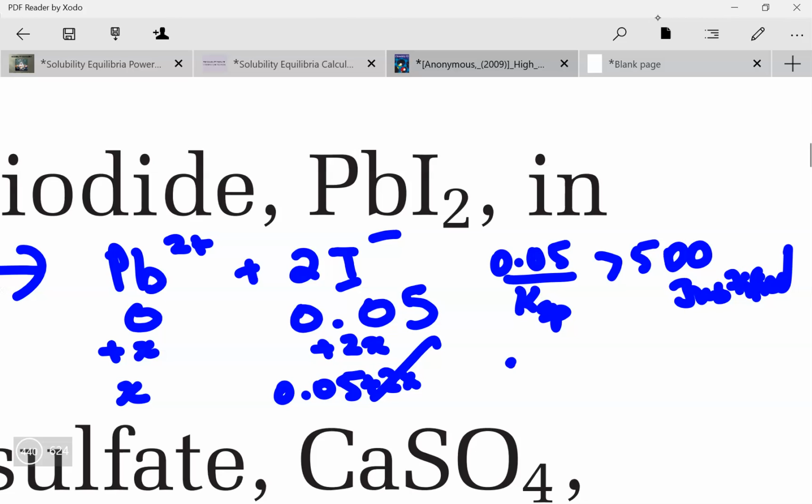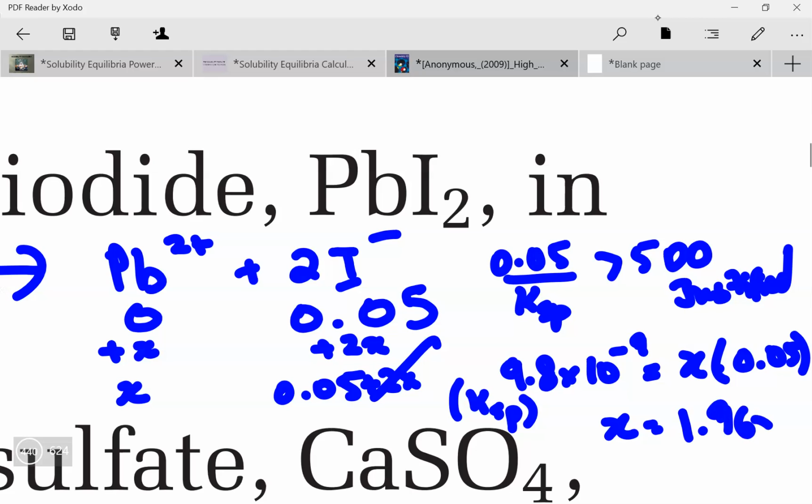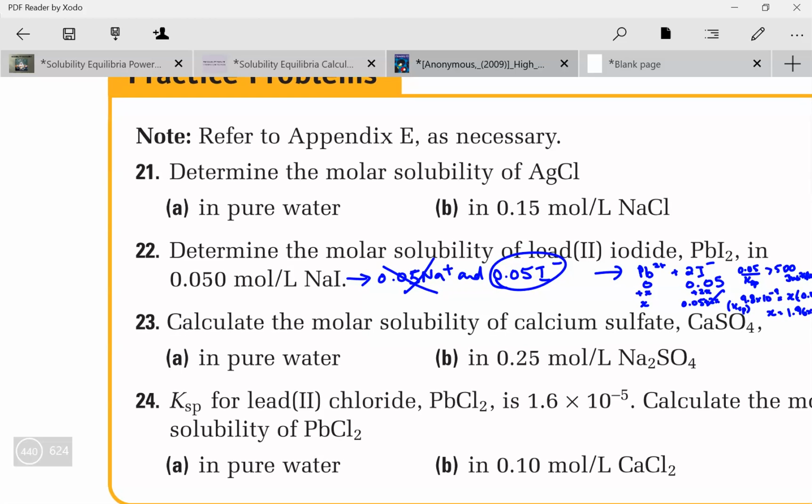So I get 9.8 times 10 to the power of negative 9, which is my KSP, equal to x times 0.05. So x equals 9.8 times 10 to the power of negative 9 divided by 0.05, 1.96 times 10 to the power of negative 7, is my molar solubility of lead iodide in that concentration of sodium iodide.